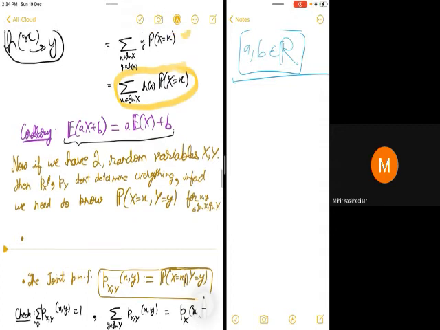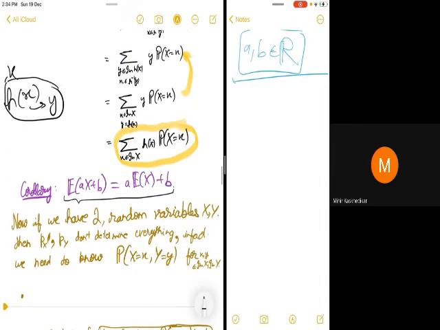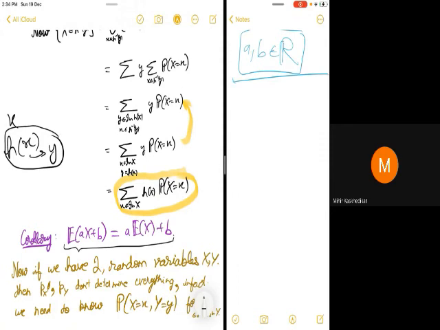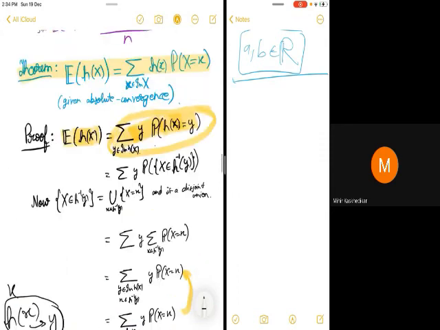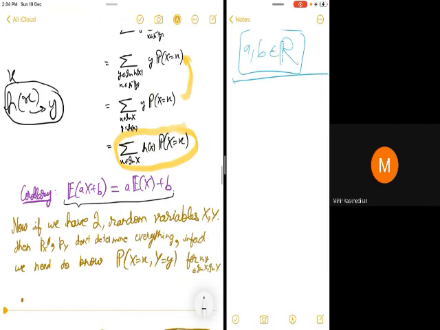Because expected value is just an average, the idea is right. The expected value of some random variable is the weighted average with probabilities of this function. And we also know that sums are linear.